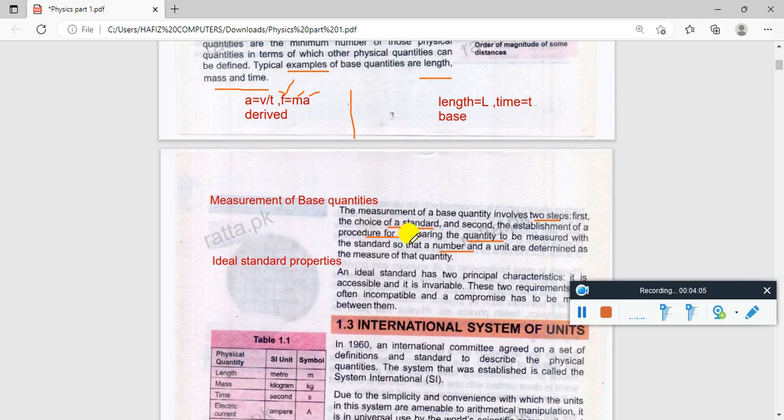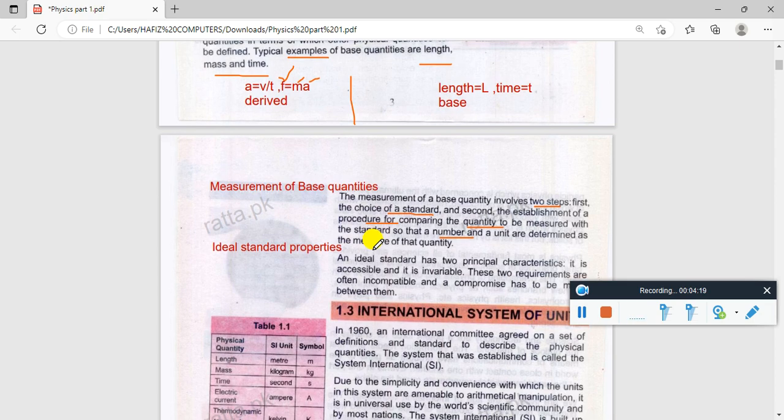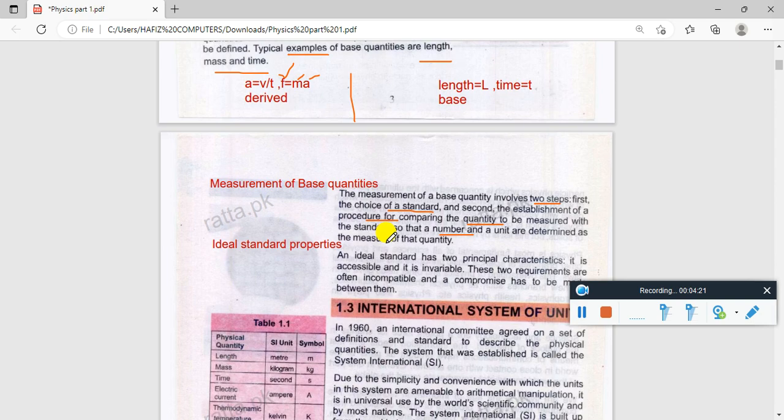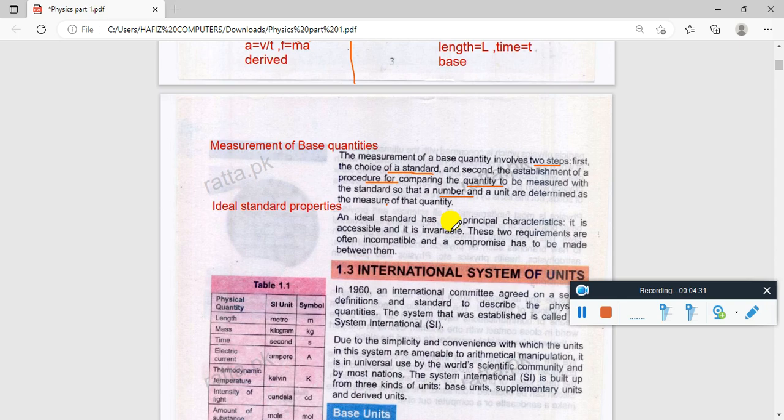Second is the procedure for comparing the quantity to be measured with the standard, in which unit it will be measured, like 1 meter, 2 meter, 3 meter. So these are the two steps in which the base quantities are measured.